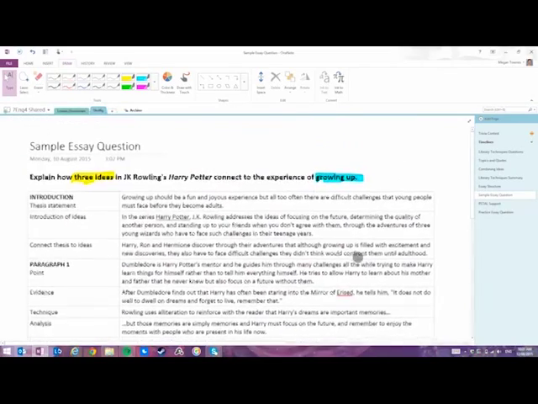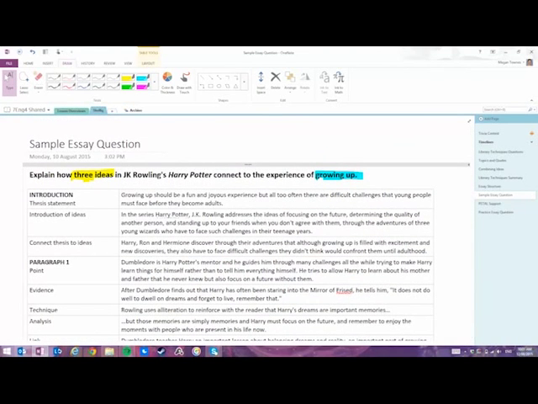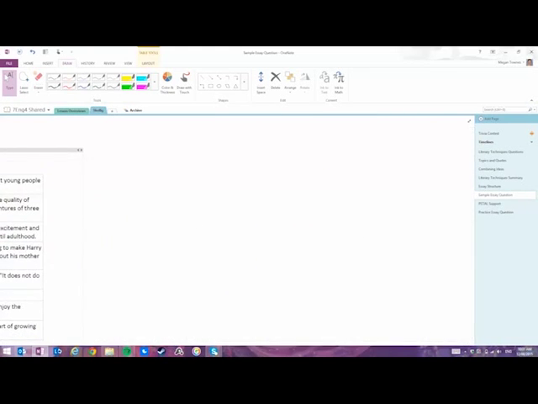So I'm just going to zoom in here for a minute. A really good way to construct a thesis statement is to consider what the author thinks that big idea might be.